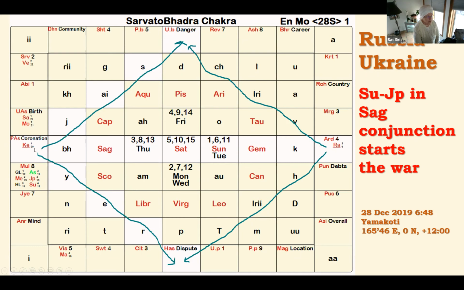So this was baked in the cake, so to speak, at the Sun-Jupiter conjunction, that we would have a terrible, fateful war, basically. And very interesting to note is that Ketu is in the coronation or Abhishek nakshatra.